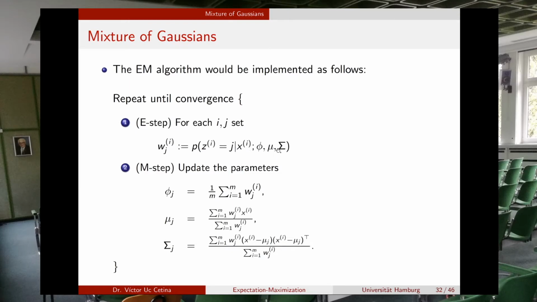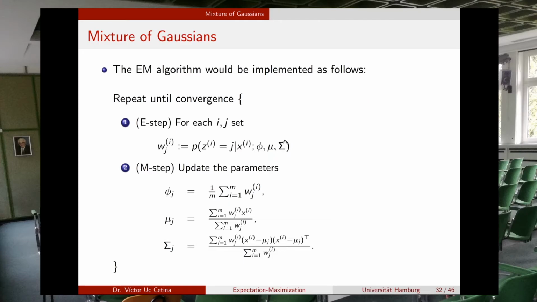So these parameters, in the very first step when you run this algorithm, are to be assigned randomly. Of course, verifying that the values assigned make sense, given that this is a mean vector and that this is a covariance matrix.